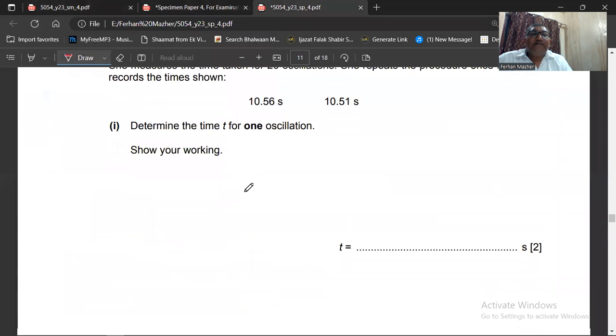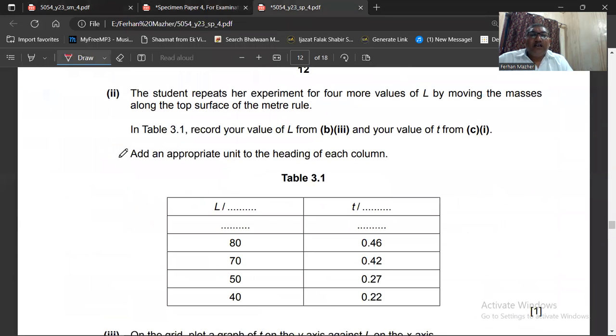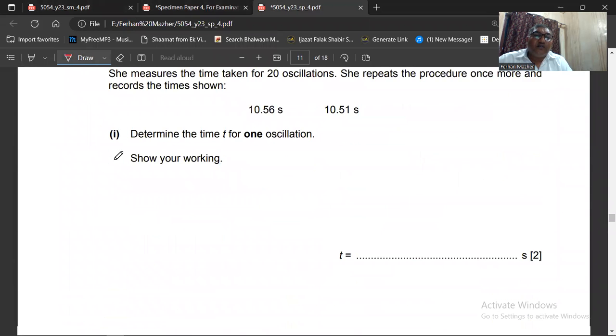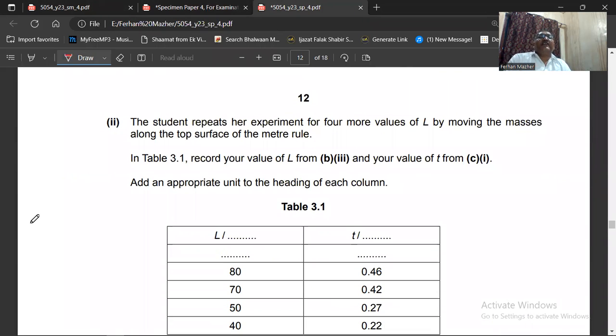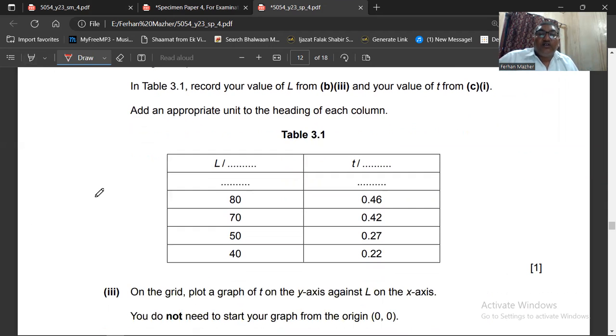Okay, then they say the student repeats, that's the second part of question number 3C. The student repeats her experiment for 4 more values of L by moving the masses along the top surface of the meter rule. In table 3.1, record your value of L from B third part and your value of T from C first part, and add an appropriate unit to the heading.